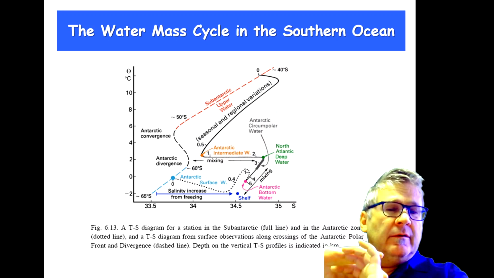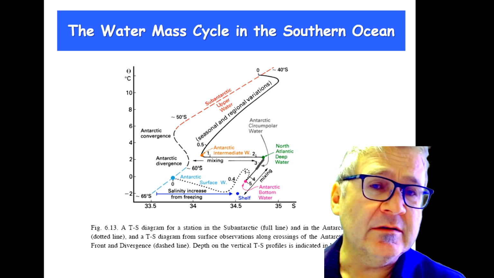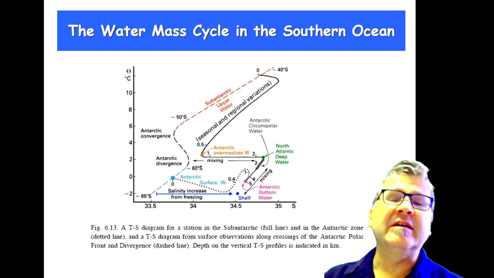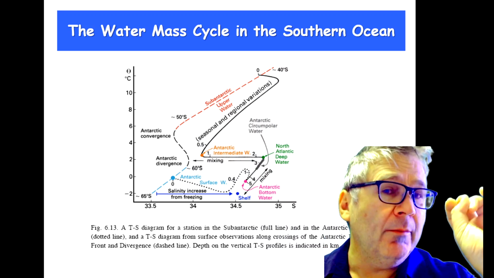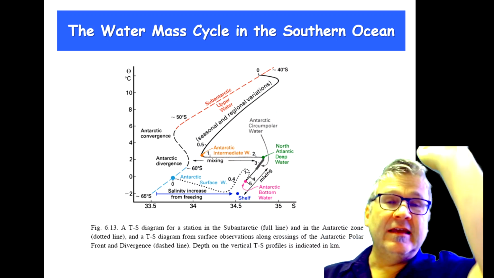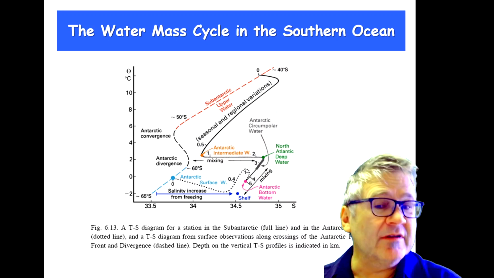And this graph here summarizes the entire structure of temperature and salinity, water masses in the Southern Ocean. So you print it out, put it over your bed or on the ceiling, look at it, and we must summarize.